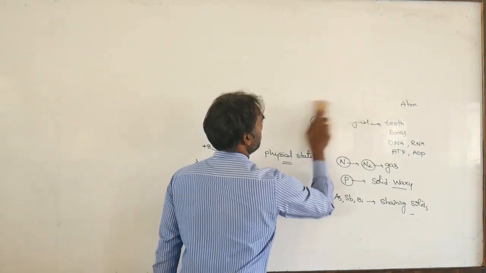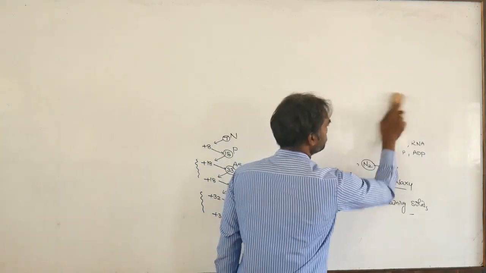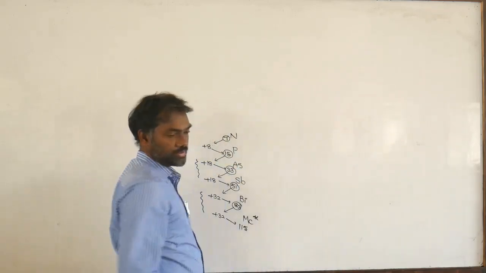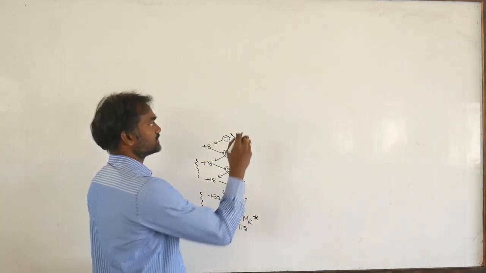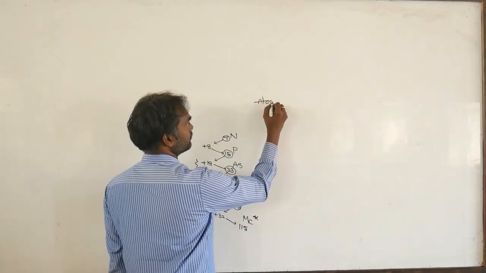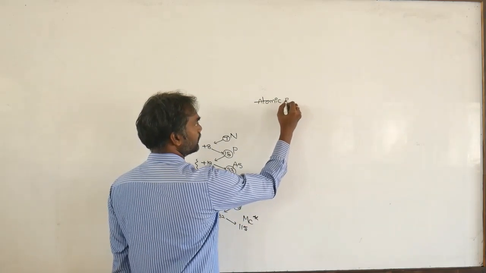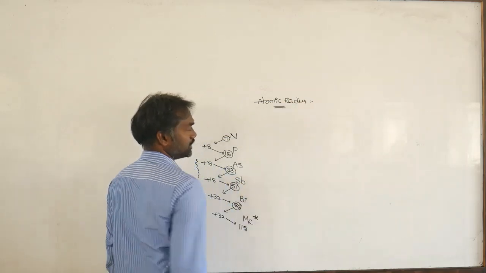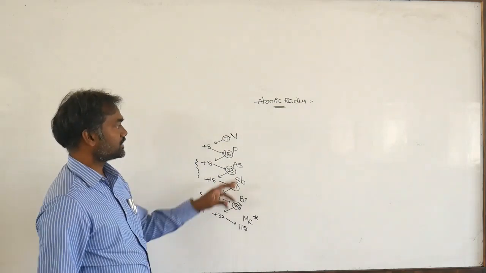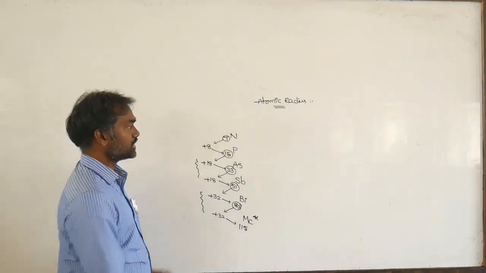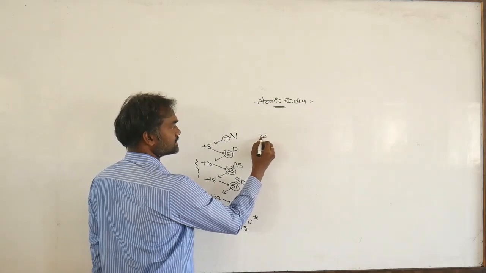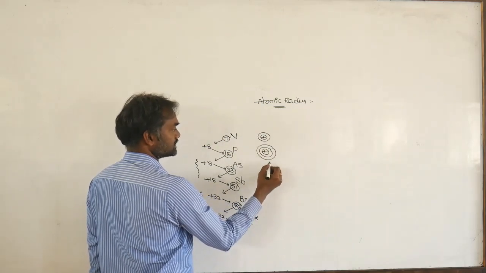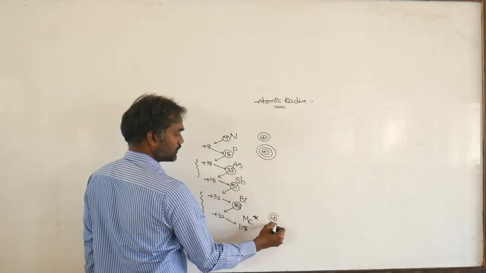Next, atomic radius or covalent radius. If we see atomic radius, what happens? From top to bottom in the group, the size increases, because the number of orbits increases as you come down.